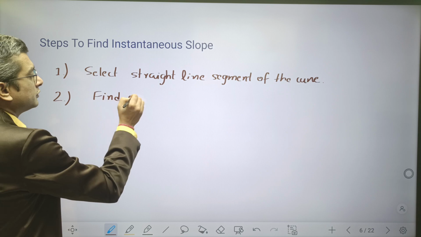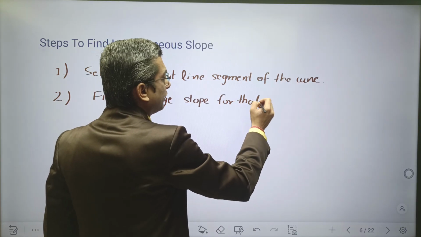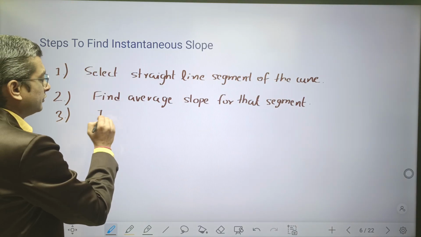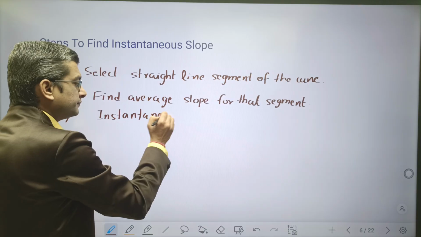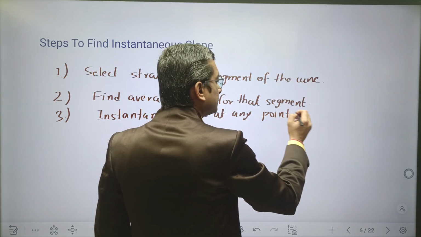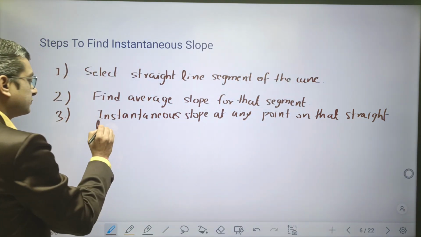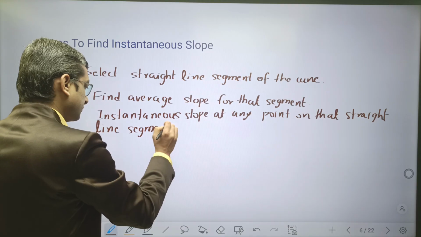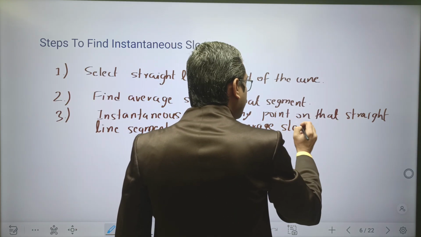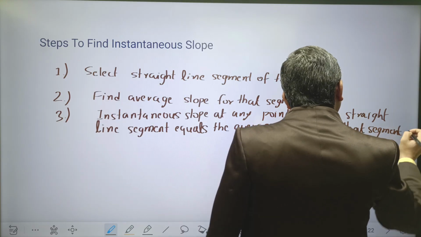So the second step is to find the average slope for that segment, and the final step is: the instantaneous slope at any point on that straight line segment equals the average slope for that segment. So these are the steps, dear students.